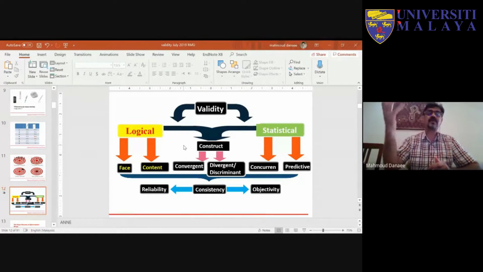Once you prepare the first draft of the instrument, you can expose it to a group of experts. Experts can be academic experts, for example university professors, lecturers, academicians, and also experts in that particular area.